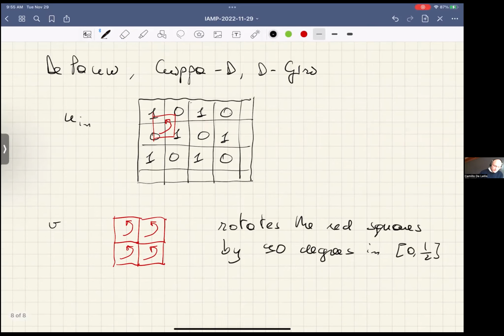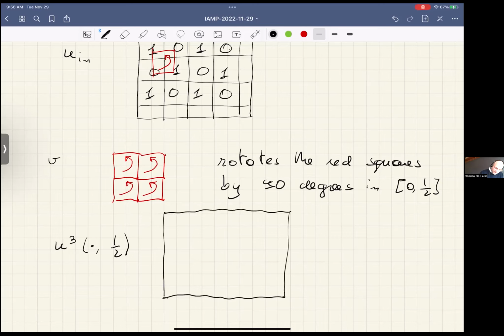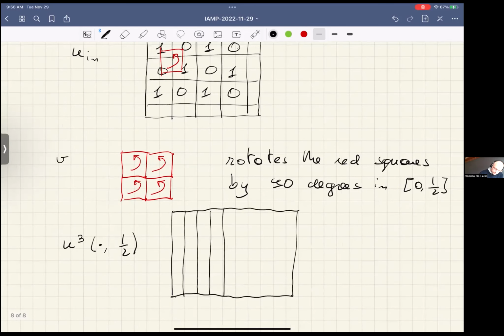Okay, so when I actually transport my initial data through this, what is going to happen is that U3 at time 1/2 looks exactly the same as before, but the checkerboard has been refined by 1/2, right?